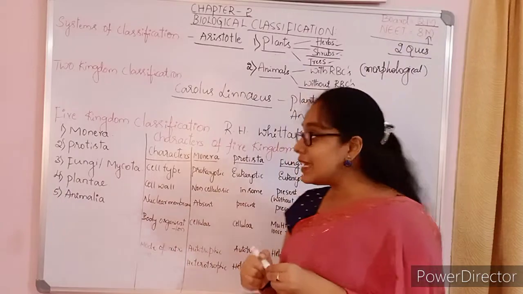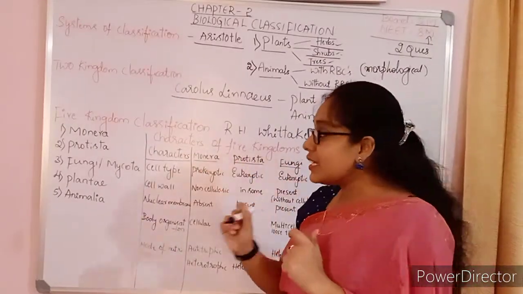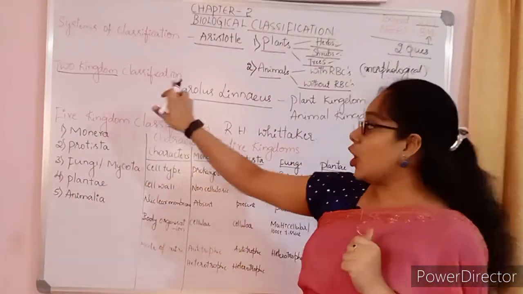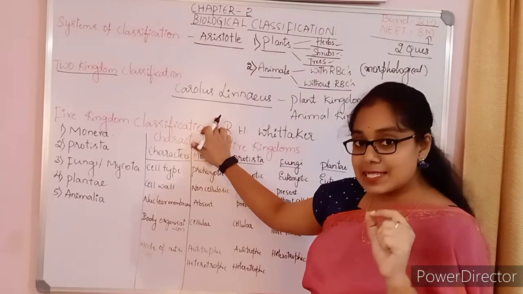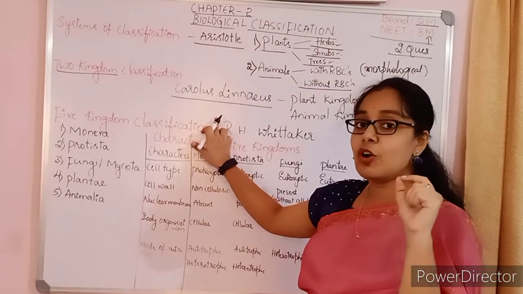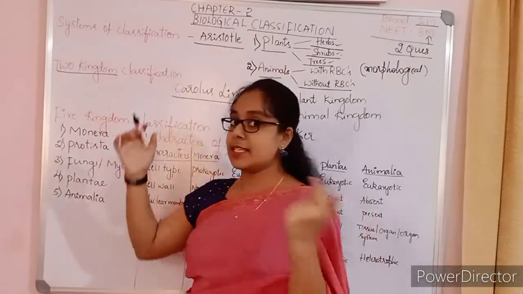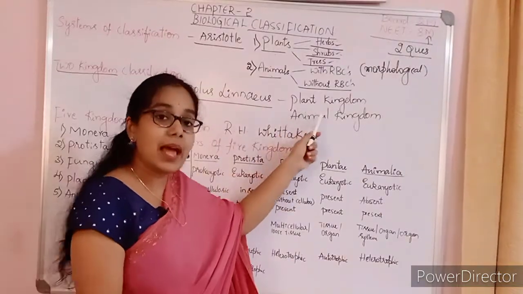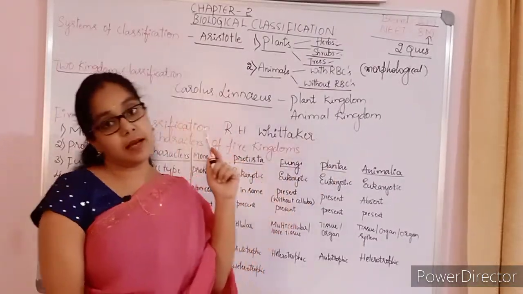So he did the two kingdom classification. As the name indicates, two kingdom means according to Carolus Linnaeus, he classified entire living organisms into two kingdoms. Let us see which are those kingdoms now. The first kingdom is plant kingdom and the second kingdom is animal kingdom.